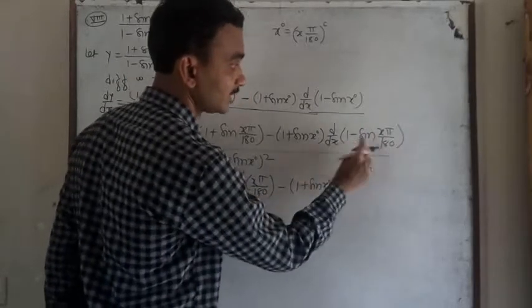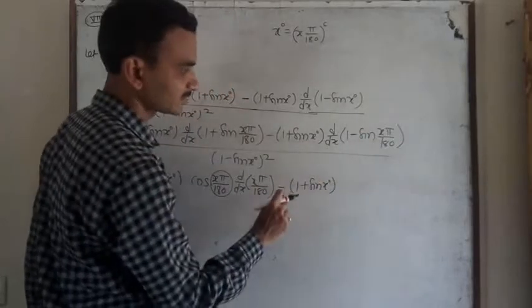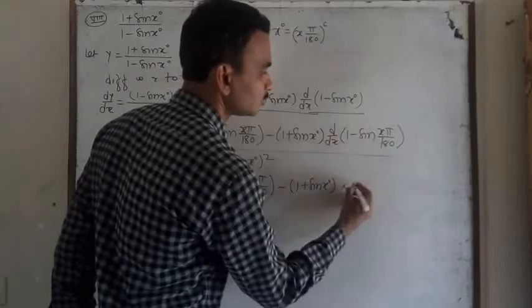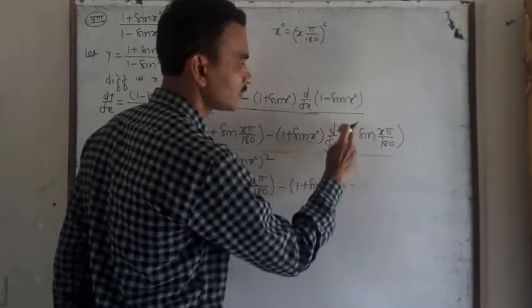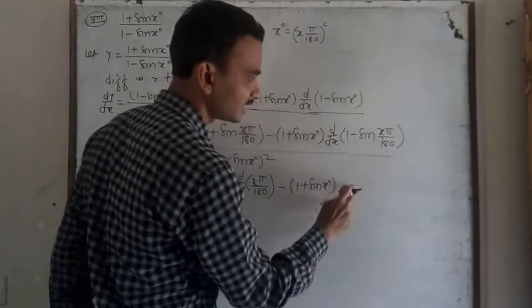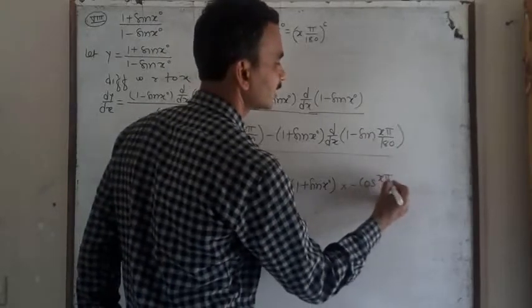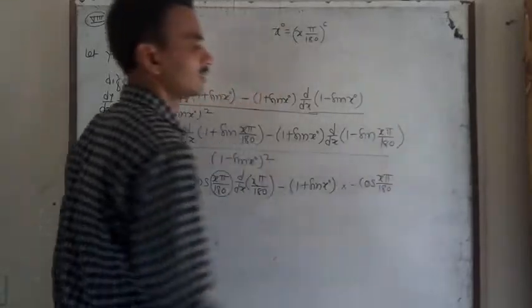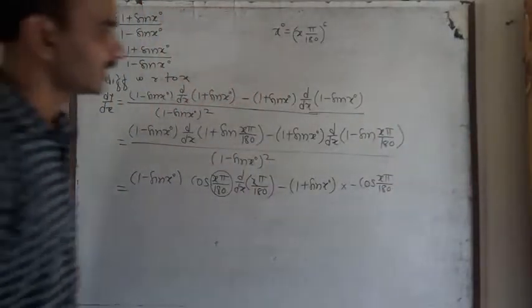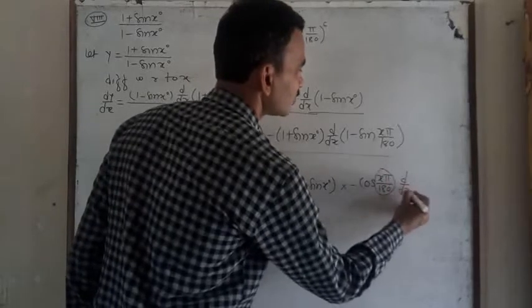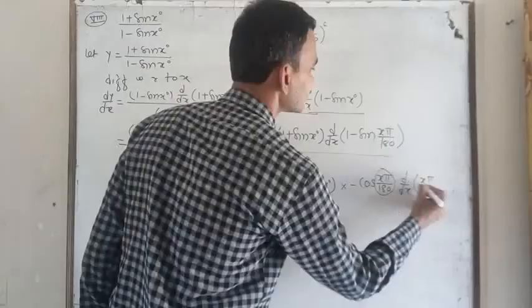Derivative of this term is this minus sign and this minus sign means minus sign as it is. Derivative of 1 means 0, this minus sign as it is, and derivative of sine x means cos x, x means x pi upon 180. So we again differentiate this term x pi upon 180 with respect to x.